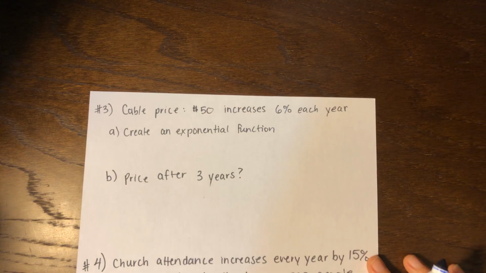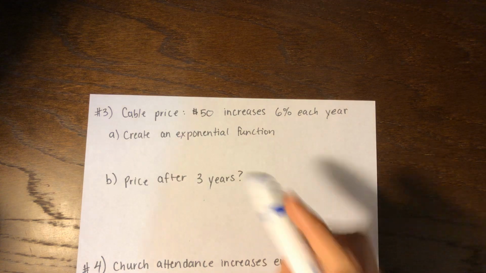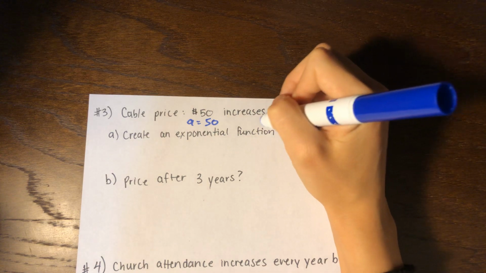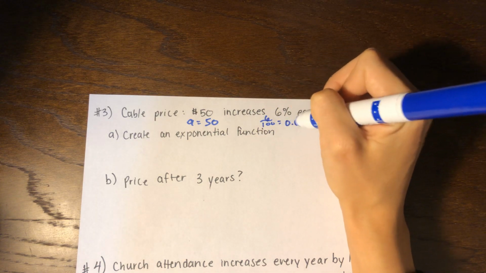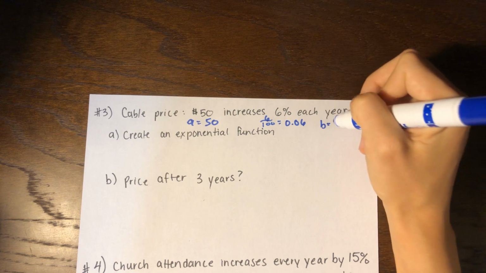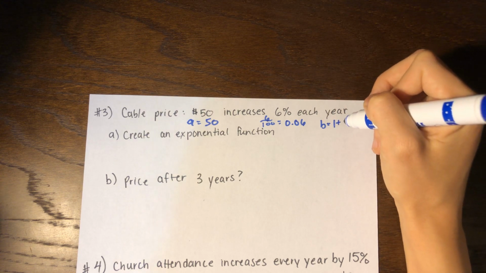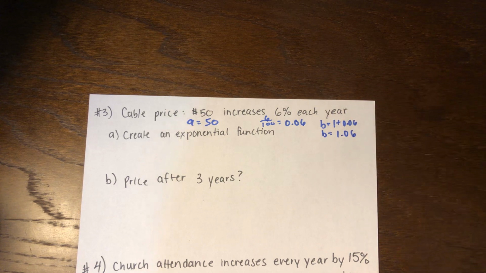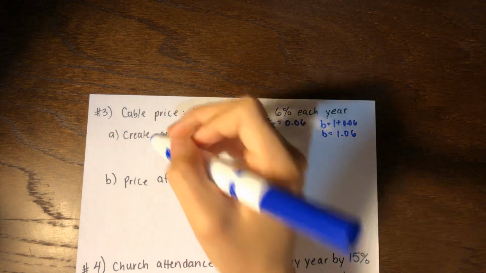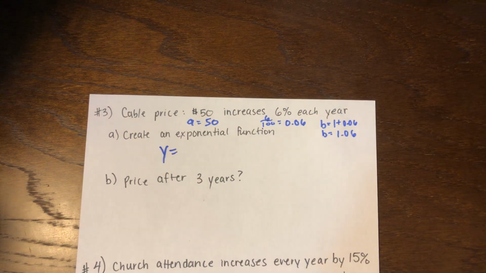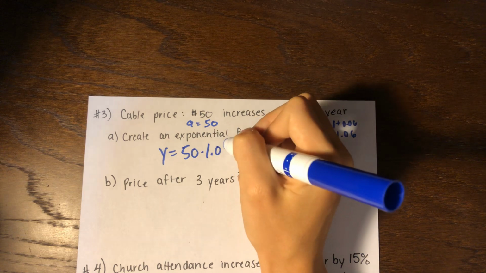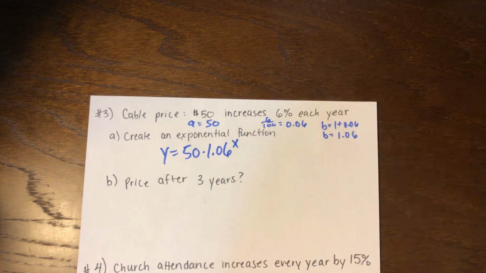Let's move on to the next one. A cable price, $50, increases 6% each year. A is 50, and then we do 6 divided by 100. We get 0.06. So B equals 1 plus 0.06, so B is equal to 1.06. So I set up my equation, y equals, A is 50, so that becomes 50 times 1.06 to the x power.